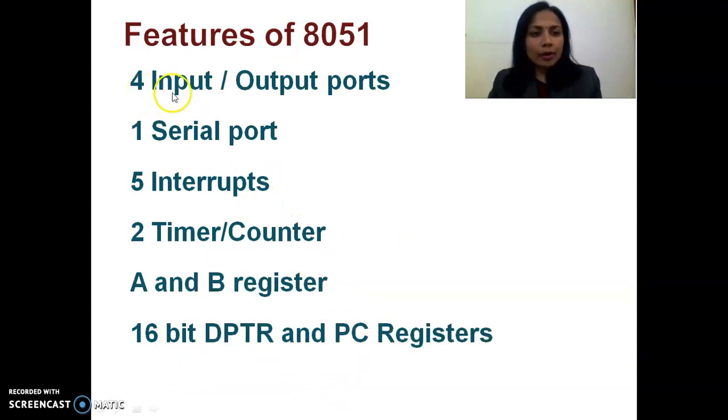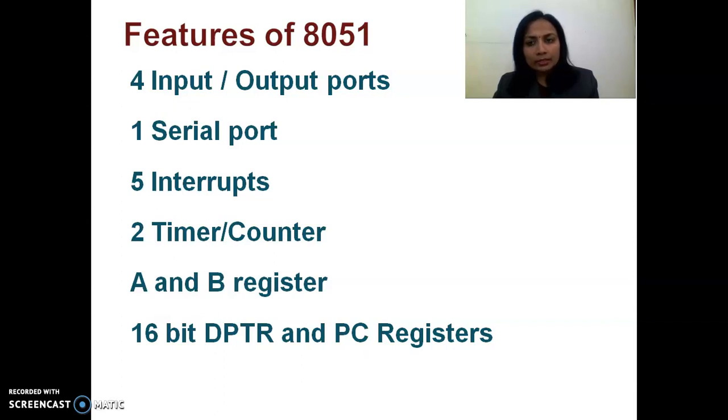It has 4 input-output ports, 1 serial port, 5 interrupts, 2 timers, and A and B registers, which are 8-bit registers, and a 16-bit data pointer, that is DPTR, and PC, that means program counter register. So these are the general and basic features of 8051 microcontroller.